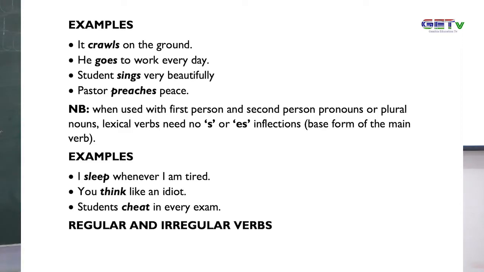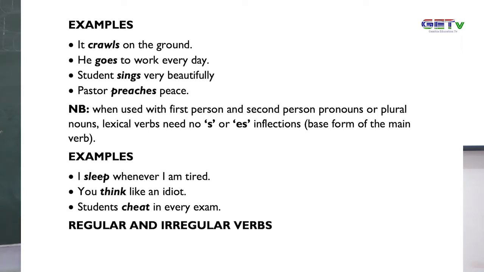Examples. I sleep whenever I am tired. I is singular, and based on the rule that I have said earlier, I is first person singular, therefore you cannot say I sleeps. You say I sleep. The sleep agrees with I. Example 2, you think like an idiot. By looking at this, the verb think is the main one there.